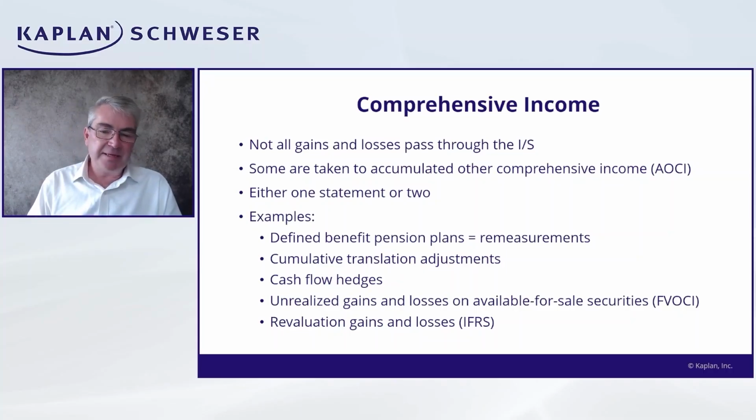Other one is cumulative translation adjustments. These are to do with converting overseas subsidiaries back to your reporting currency at year end. We're going to see this again at level 2, so you don't need to worry about this now. There are two methods.